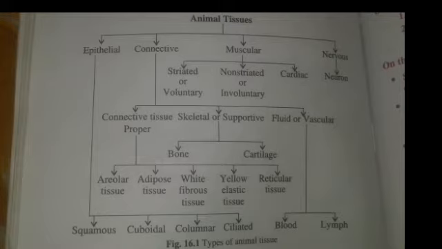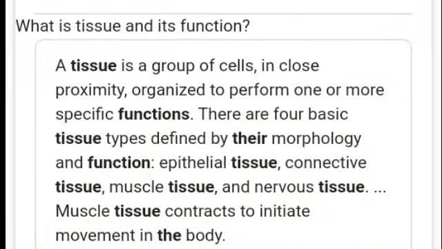Some plants like Chlamydomonas and yeast, and animals like amoeba and paramecium, are made up of a single cell, and these organisms do not have any tissue grade of organization.